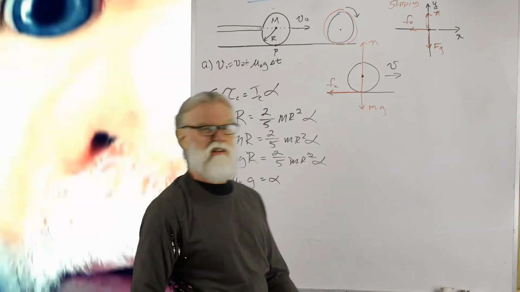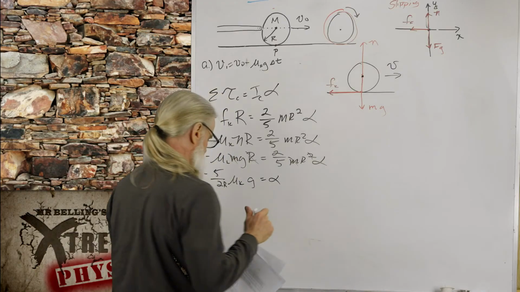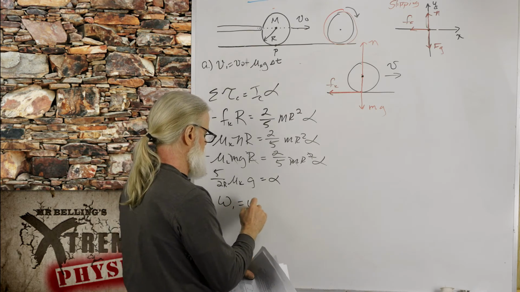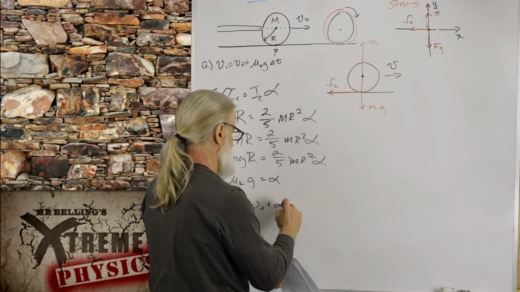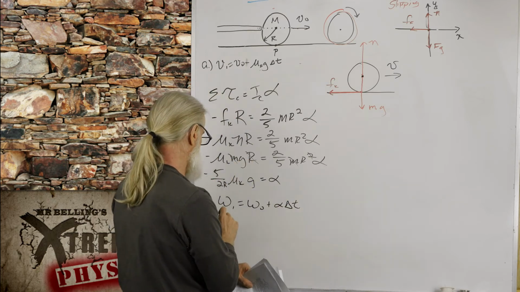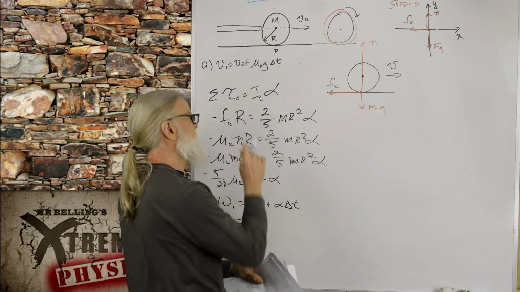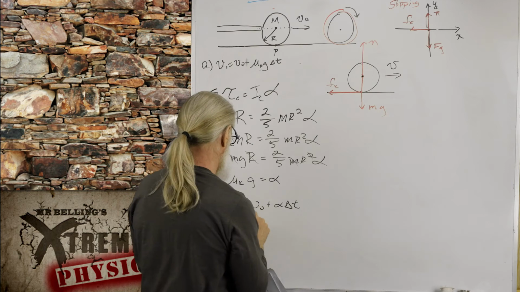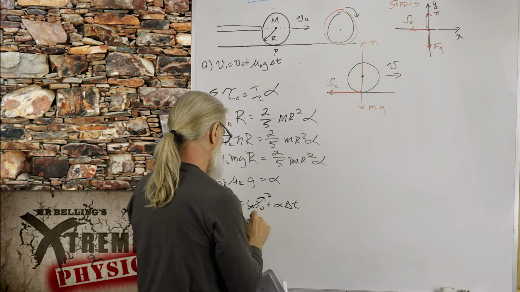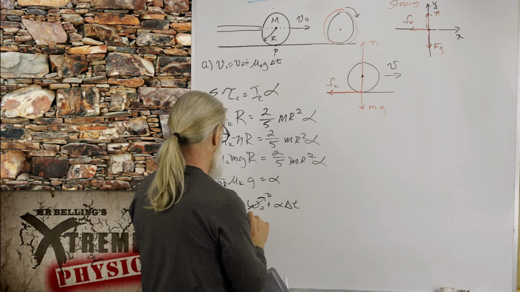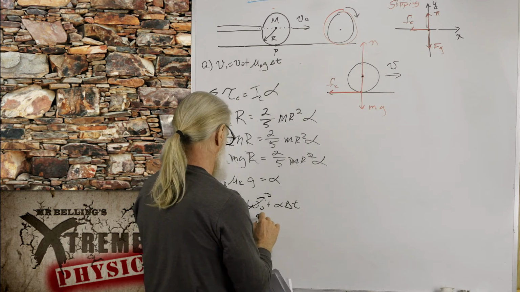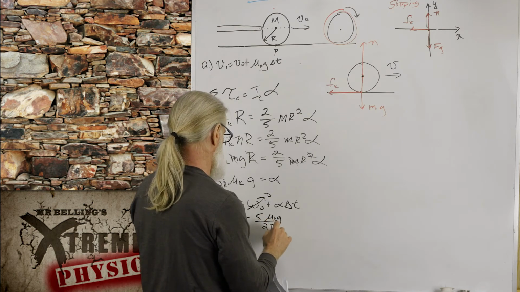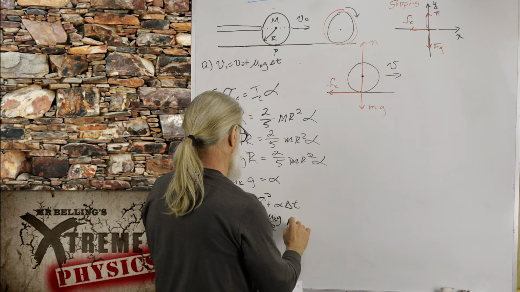That means I can use the circular kinematics equations. I'm going to use this kinematics equation: omega 1 equals omega 0 plus alpha delta t. So omega later equals the initial omega, which is 0. When you hit it, it wasn't rotating at all. And alpha is minus 5 mu k g over 2r, times delta t.